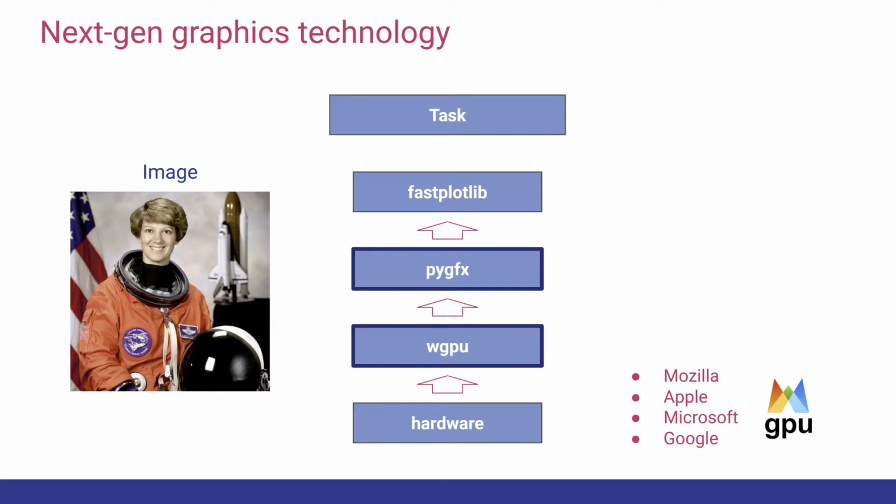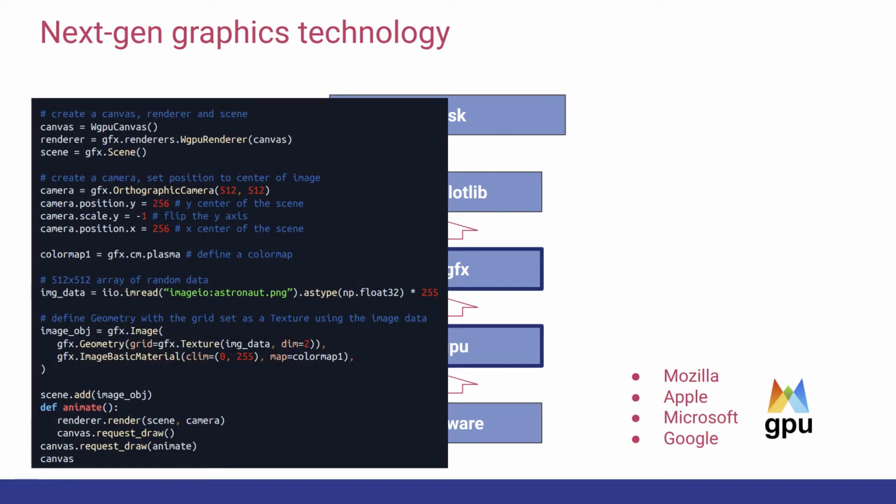As you go down the stack, PyGfx and WGPU are bundled together. These developers out of the Netherlands have done some really amazing work to bring those to fruition. But at the PyGfx level, to plot this image, it would take a lot more lines of code, and you have to define things like the renderer, the canvas, and the scene. Maybe this doesn't seem like that many lines of code, but this is just for an image.